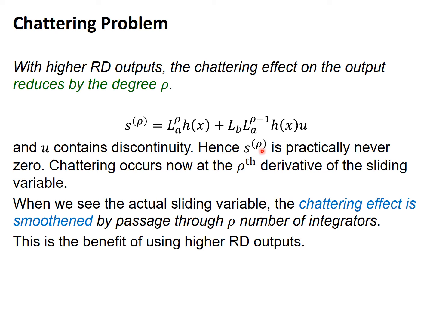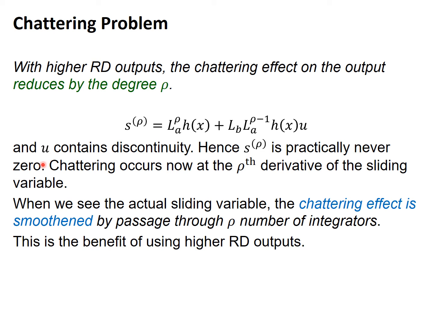So practically S rho is never 0, which ideally it should have been. In the previous situation, ideally S dot should have been 0, but due to chattering S dot was not 0. Here, due to chattering, the rhoth derivative of S is not 0 practically.